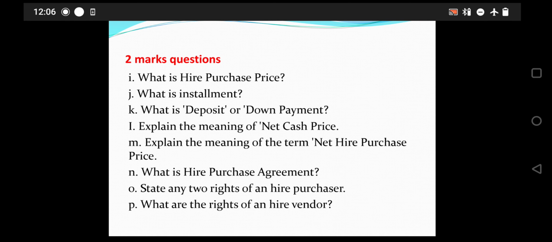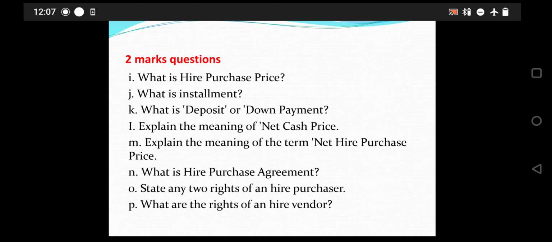And what is installment? Installment is an amount which will be paid periodically by the hire purchaser to the hire vendor based on the contract. So installment can be for 4 years or 5 years or 10 years. It is based on the contract of hire purchase, which means the amount will be paid in a particular period for several periods.